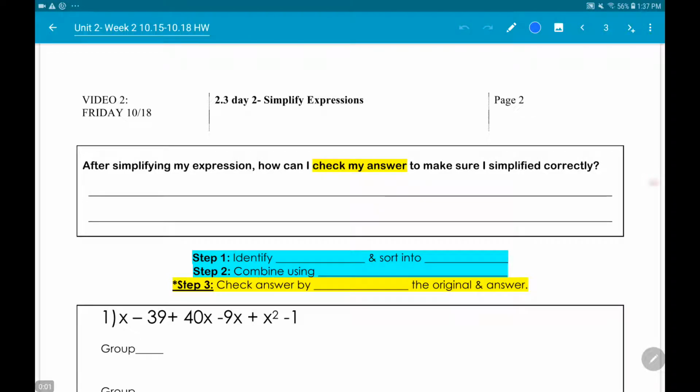Guys, so now that we are masters on simplifying, this is day 2, and we are going to talk about, after simplifying my expression, how can I check my answer to make sure it's simplified correctly?